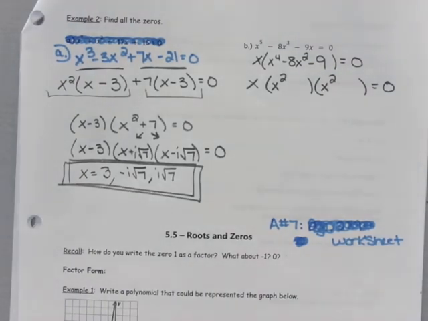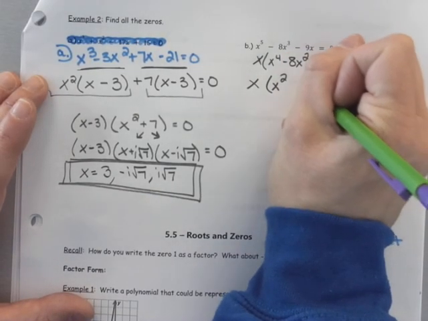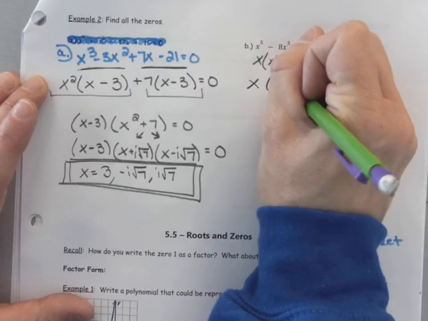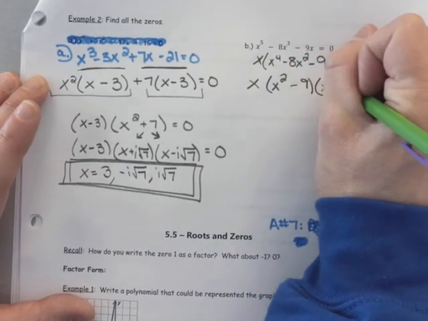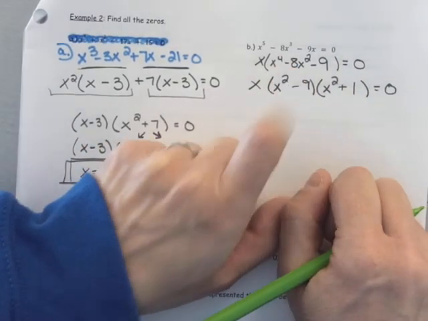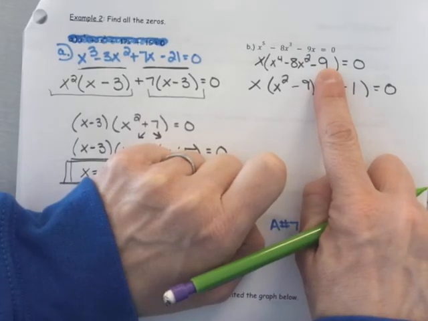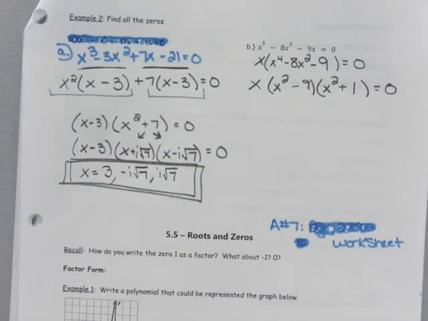Okay, I need two numbers that multiply to negative 9 and add to negative 8. What are they? Negative 9 and 1. Negative 9 plus 1, is that negative 8? Negative 9 times 1, is that negative 9? Okay, perfect.